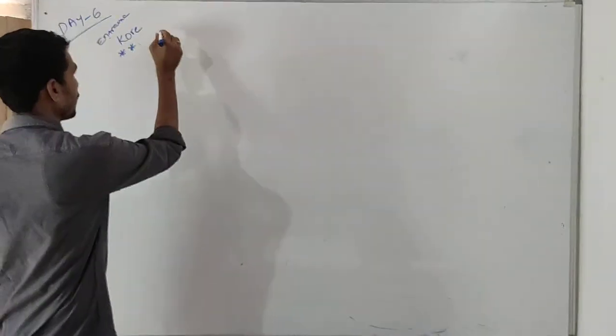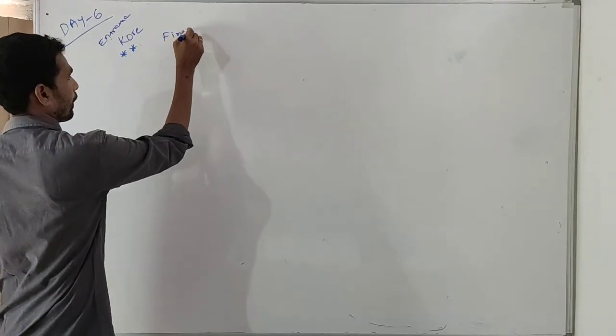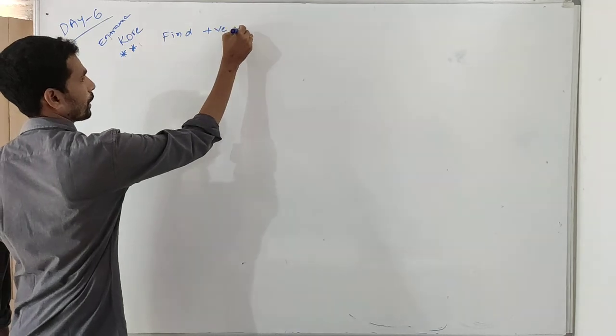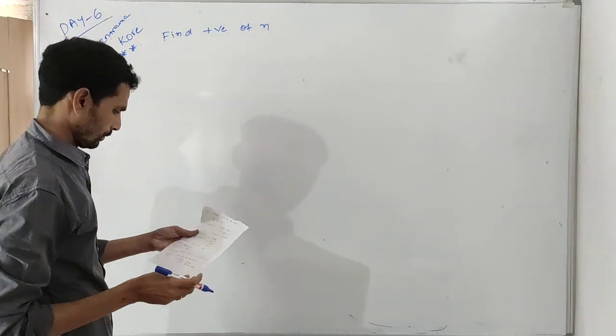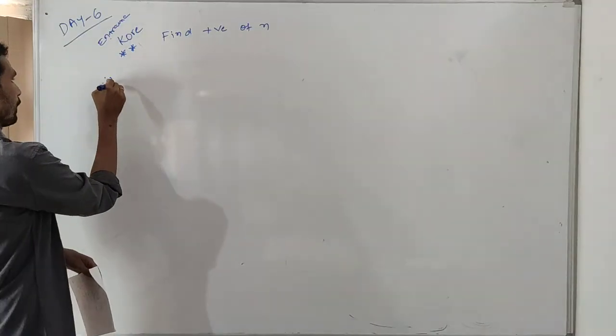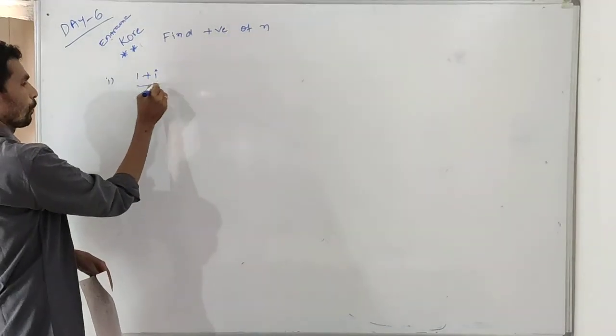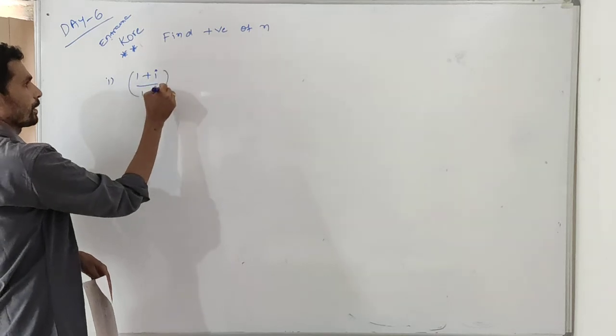Find the positive integer n such that, first problem here, (1 plus i by 1 minus i) whole power n is equal to 1.